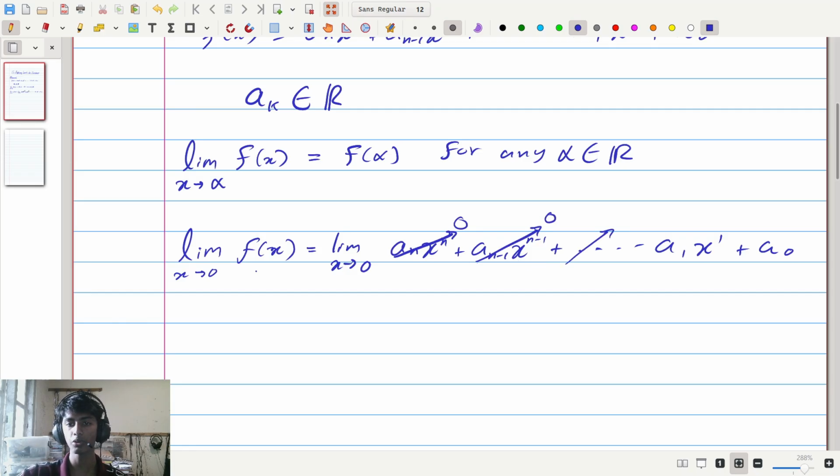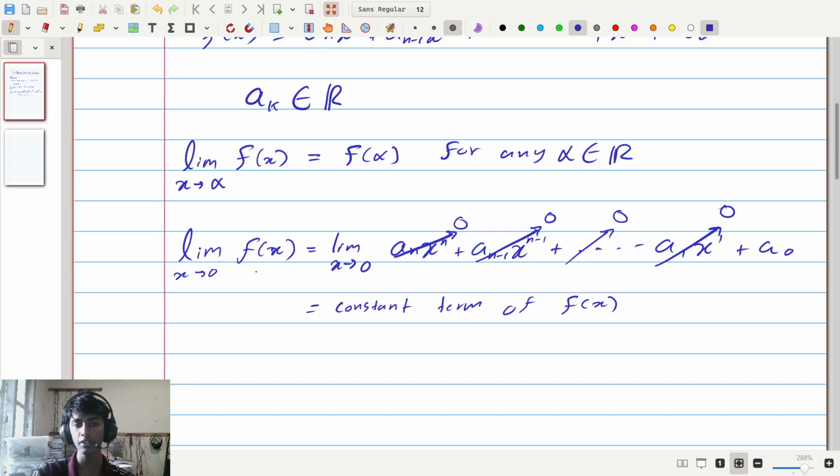The next term goes to 0, and so on, all the way down to this term, which is x to the 1, which is 0 to the 1, which is 0. The only term that survives here is the constant term. So therefore, whatever the polynomial function f of x is, the limit as x approaches 0 of f of x is the constant term of f of x. So this should be quite obvious.